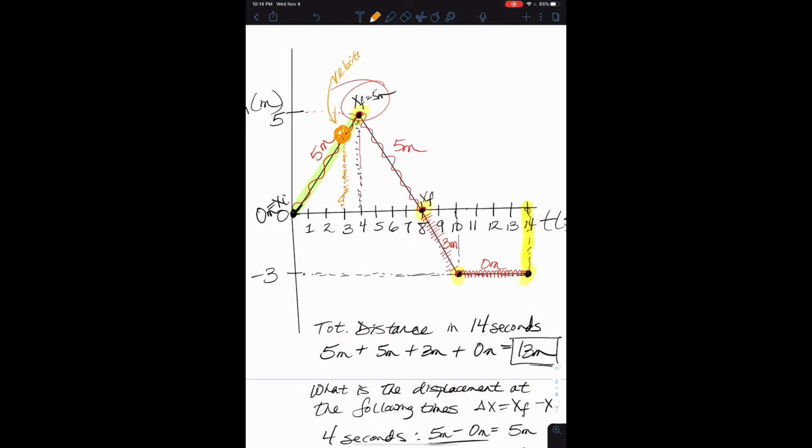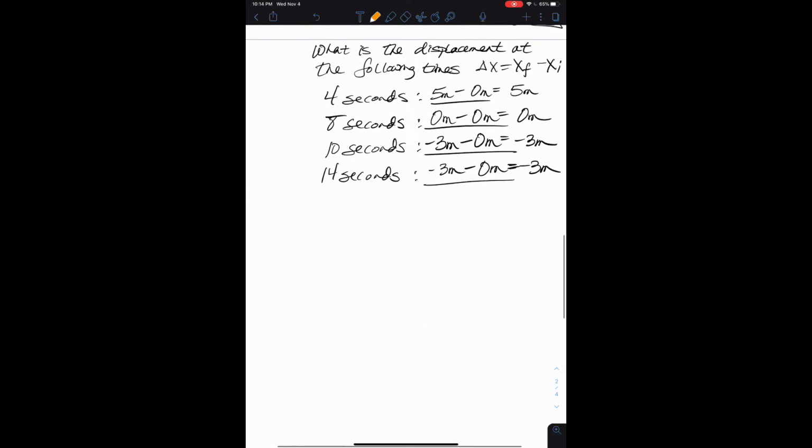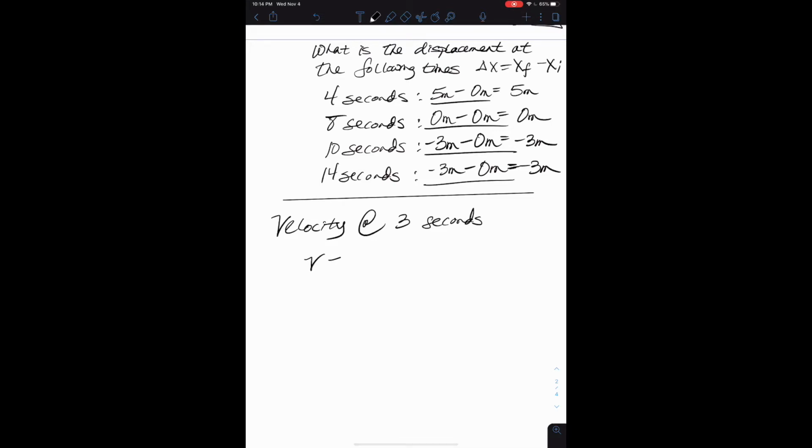And to get the velocity right at that point, we need the slope of this green segment, right? So the question is, once again, velocity at 3 seconds. All right, so to do this, we're going to use our formula v equals delta x over delta t.